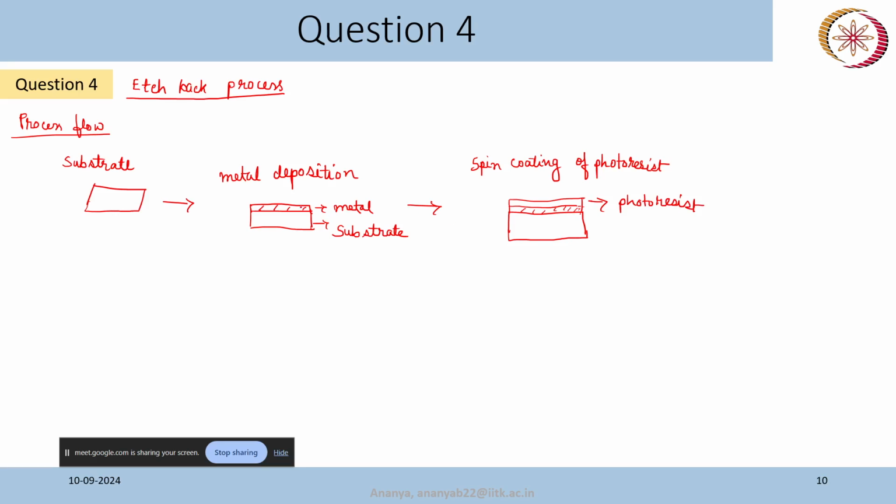Now the thickness of the metal will depend on the thickness that you want finally, and the thickness of the photoresist will be according to the lithography process that you have already optimized. What we normally do is that for a certain thickness of photoresist, we do exposure for a certain amount of time, and we do the development for a certain amount of time.